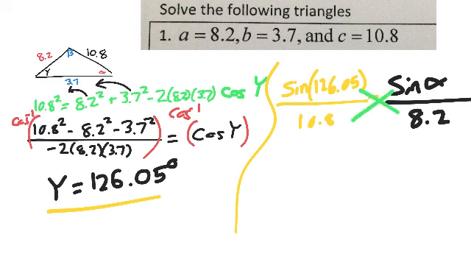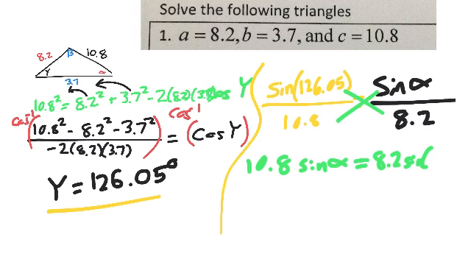So now solve that out. I've got 10.8 times sine of alpha equals 8.2 sine of 126.05.